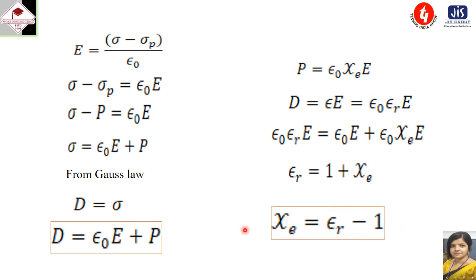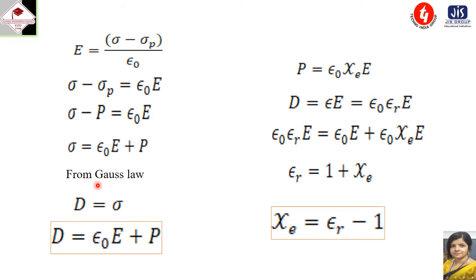So we have both expressions: chi E equals epsilon R minus 1, and D equals epsilon 0 E plus P. In this way we can write the expression. Here sigma we are writing as D, so we can express it in this way.